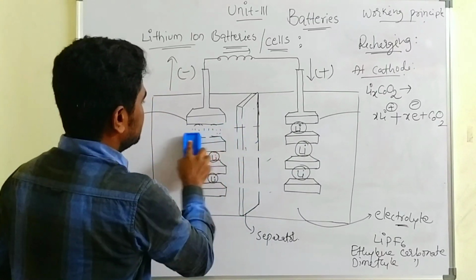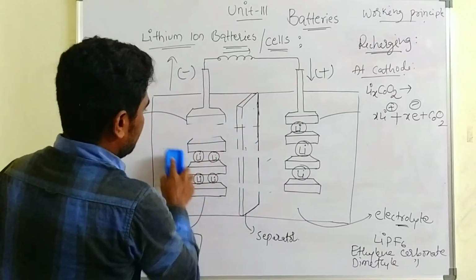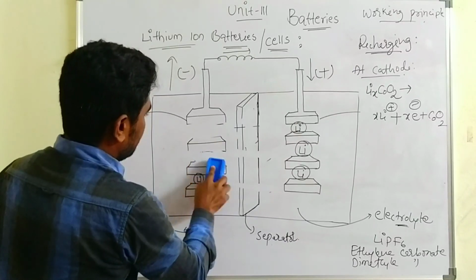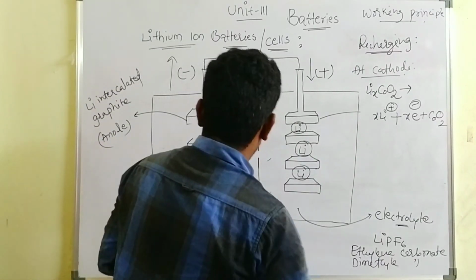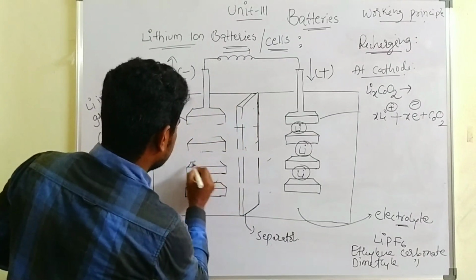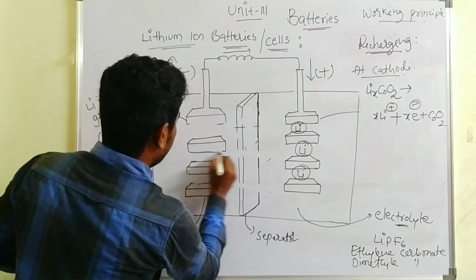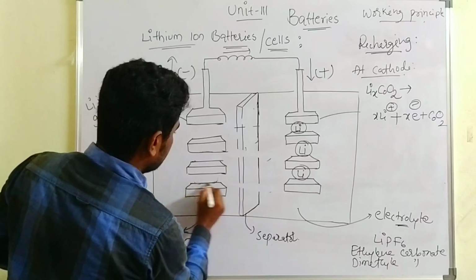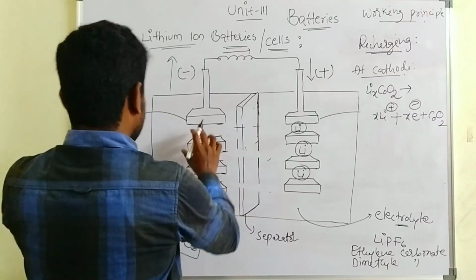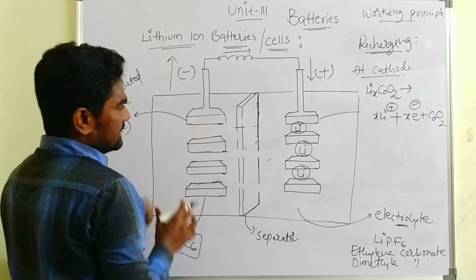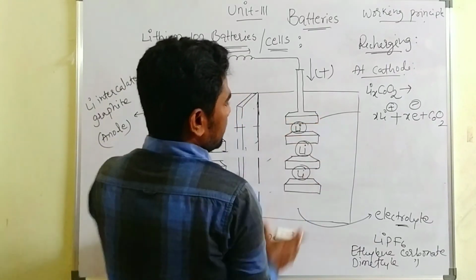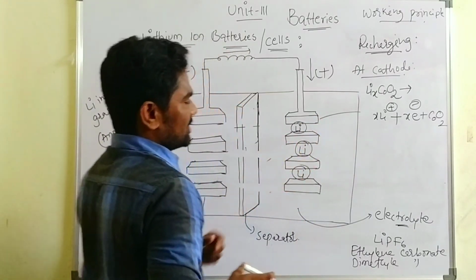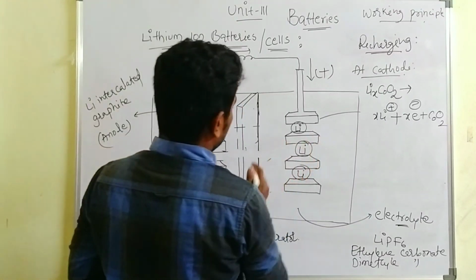what happens here initially, after complete discharging, we have a structure like this. That means there are no lithium ions in this graphite, but we have the lithium ions in the layered cobalt oxide electrode, that is at the cathode.